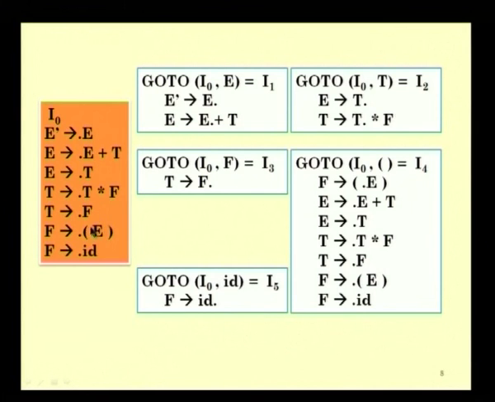So if you take F derives dot opening bracket E closing bracket, it is of the form A derives alpha dot a beta. That small a is nothing but this opening bracket here. So if you apply goto of I0 comma opening bracket, we go to the state number I4 here.